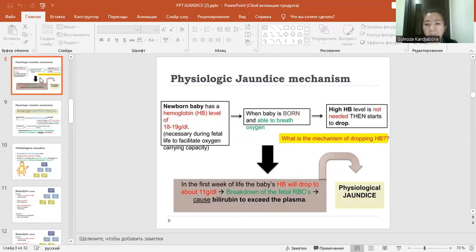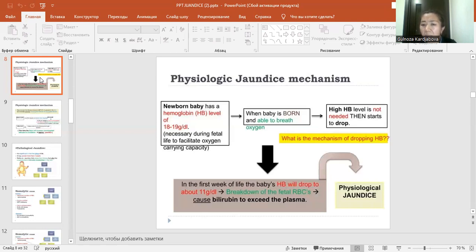Physiologic jaundice mechanism: a newborn baby has a hemoglobin level of 18-19 grams per deciliter, necessary during fetal life to facilitate oxygen carrying capacity. When the baby is born and able to breathe oxygen, the high hemoglobin level is not needed, so it starts to drop.